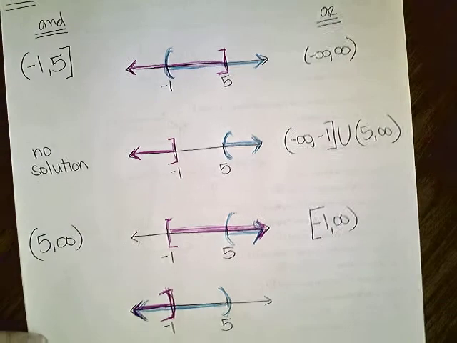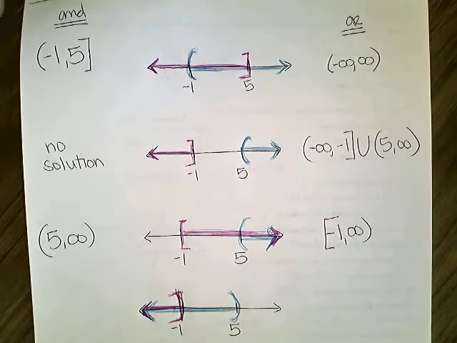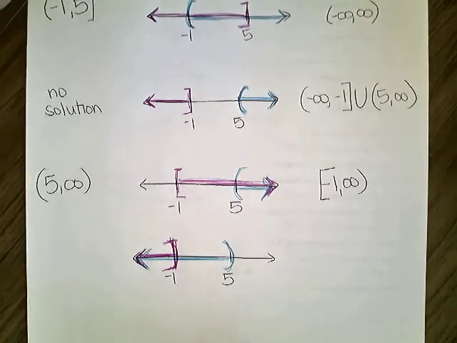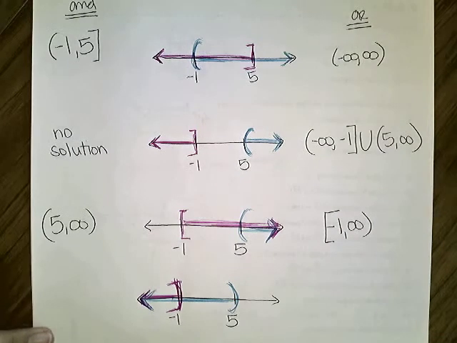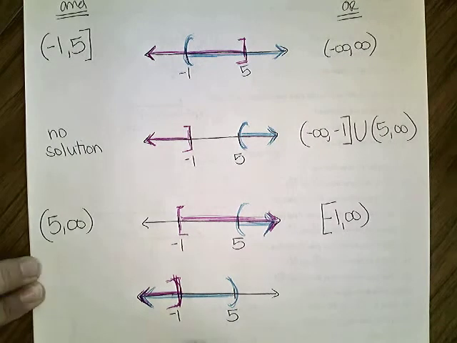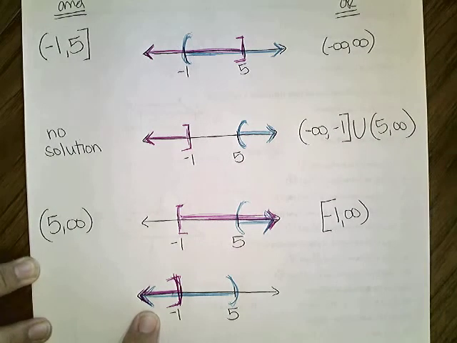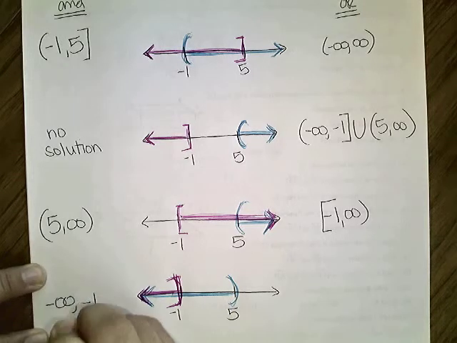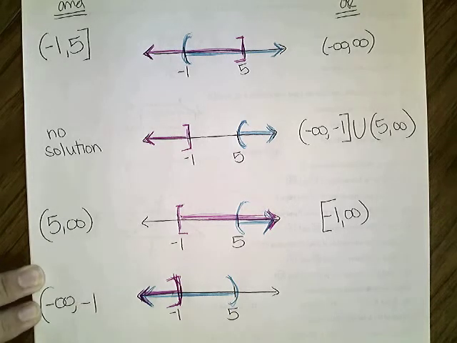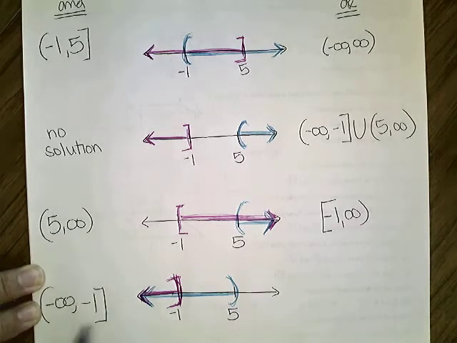So if this is an "and" situation, we're looking for when both of these situations are true. Both are true in this left-hand region. So from -infinity to -1, parenthesis next to the infinity always, and a bracket next to the -1.